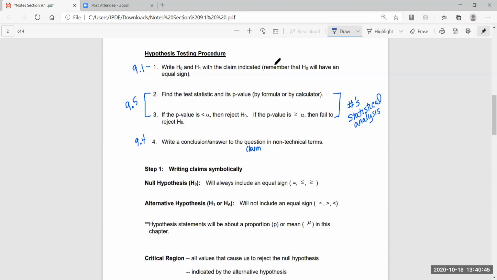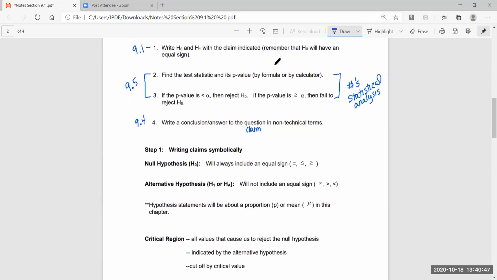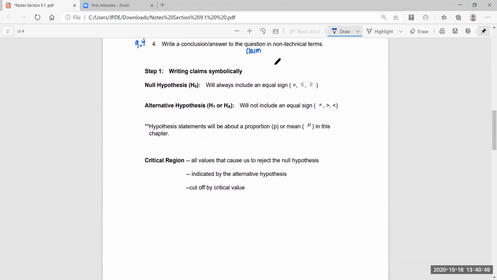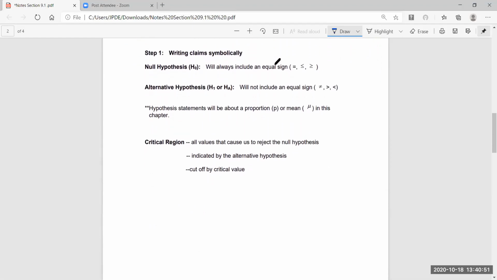Okay, so let's talk about step one. In step one, we're going to learn how to go from the wording of the claim to writing it in math symbols. We have two different hypothesis statements we're going to make.